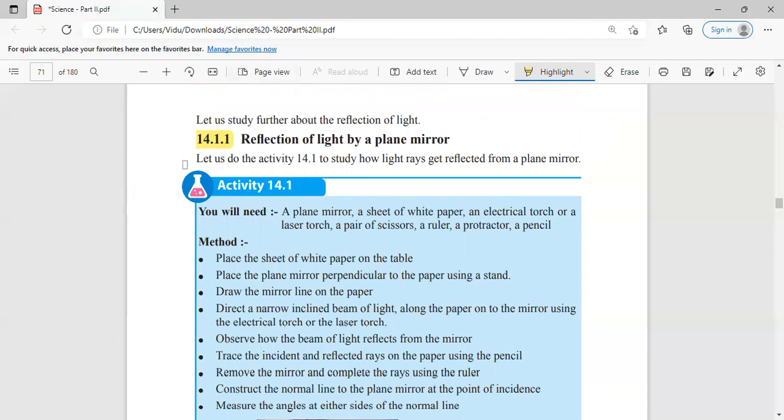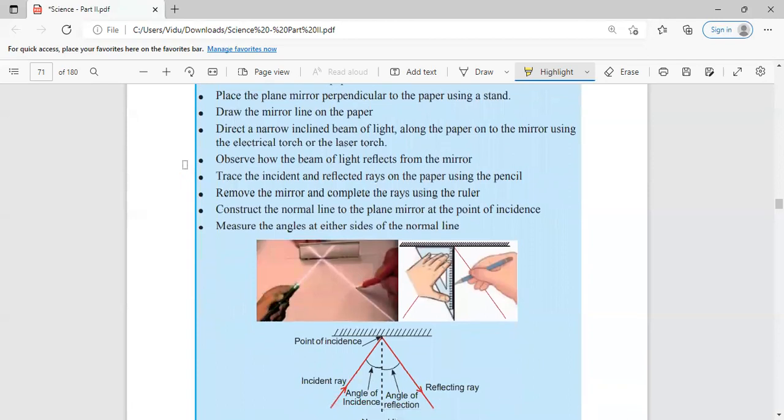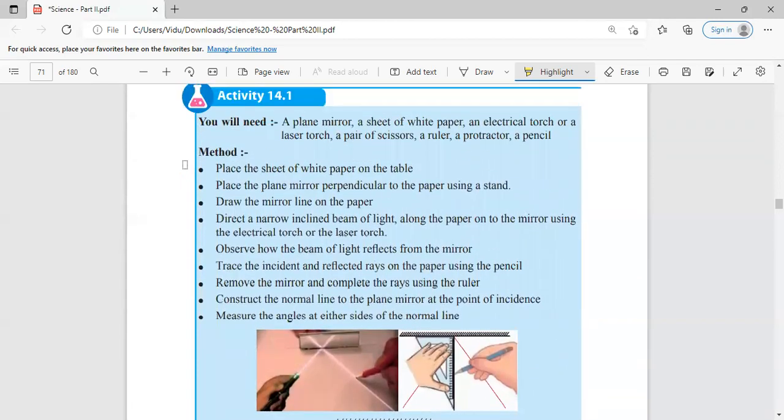Topic 14.1, reflection of light by a plane mirror. We are going to study further about the reflection of light. Here you have an activity.